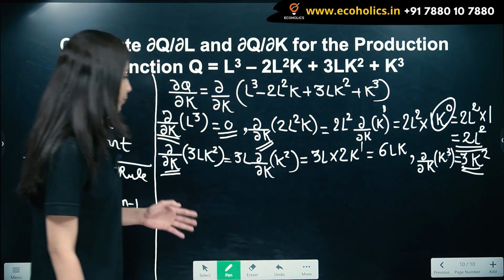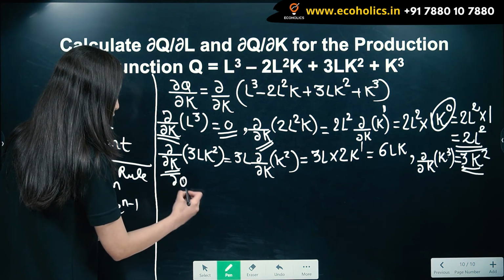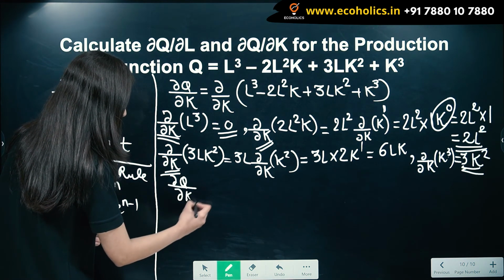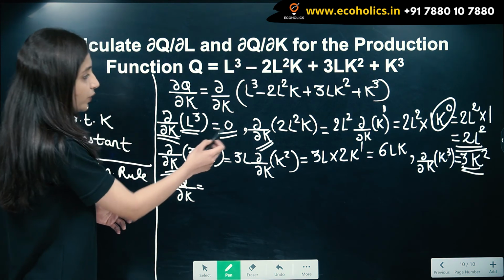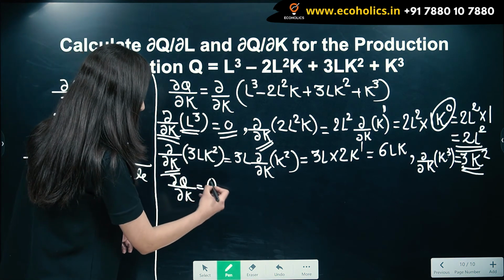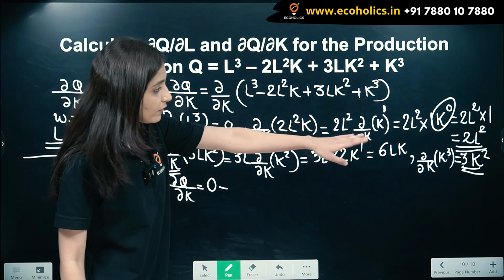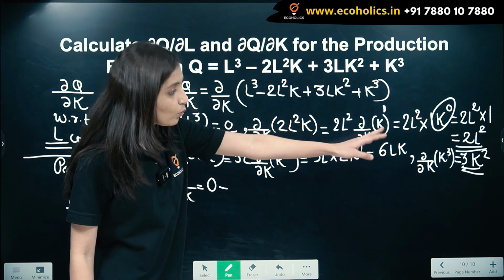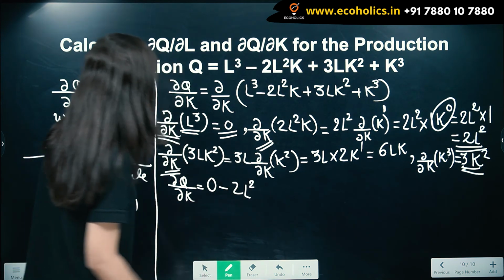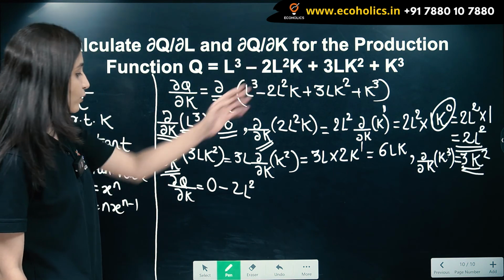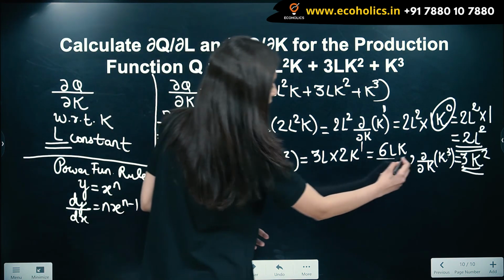So now we are going to substitute all these values. Therefore, ∂Q/∂k will be equal to, for L cube we have 0. So we have 0 minus, for 2L square k, this term we have differentiated, what we got is 2L square. Next term is 3Lk square. For this we have got our derivative as 6Lk.